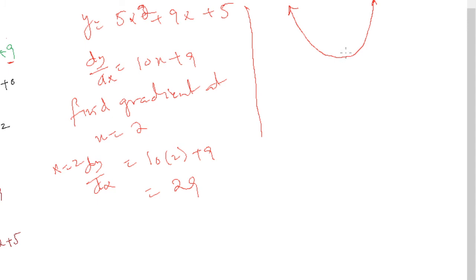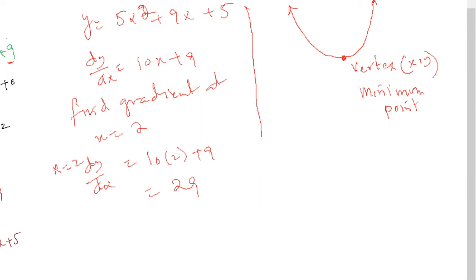Now if this graph is opening up, do you see this point here? This point is called the vertex, and the vertex is x and y. This is also called the minimum point.